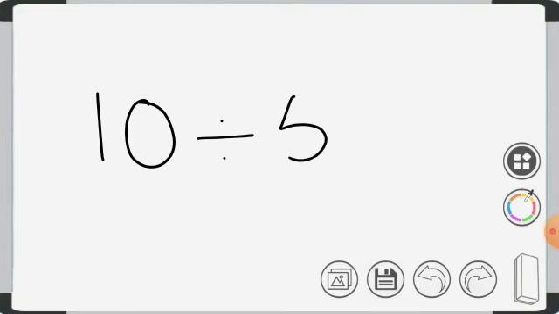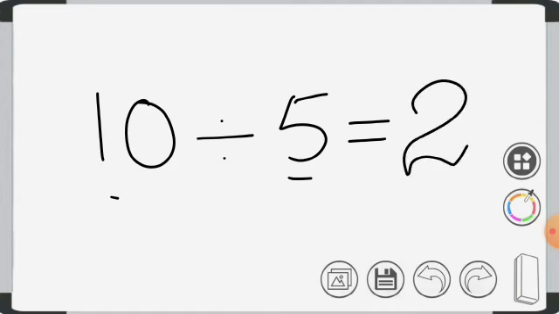As the total number of bananas is 10, then we will write the sign of division, 5 students. We will revise the table of 5 until we get 10. 5 1s are 5, 5 2s are 10. This is the division sentence for question number 2.